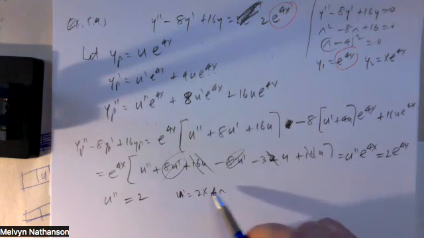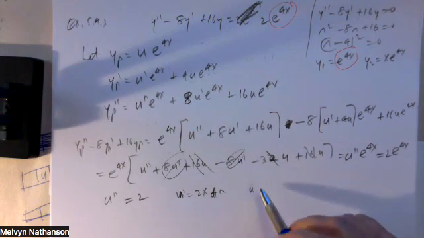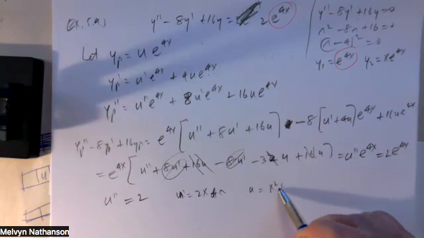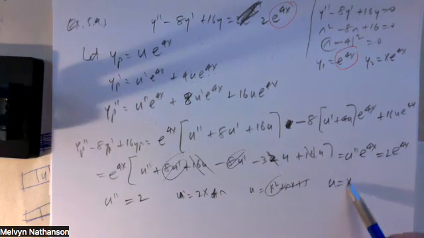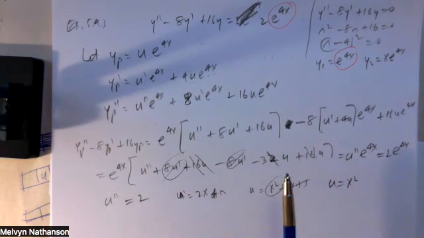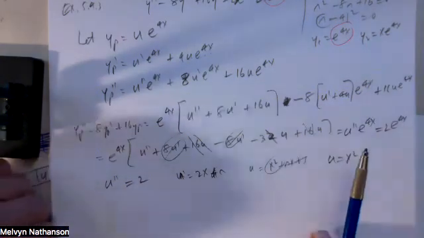And if I integrate this, I get u = x² + rx + s, some constant. But I just need to find one solution. I can just let r and s be 0. I can just take u equal to x², because the second derivative is 2.